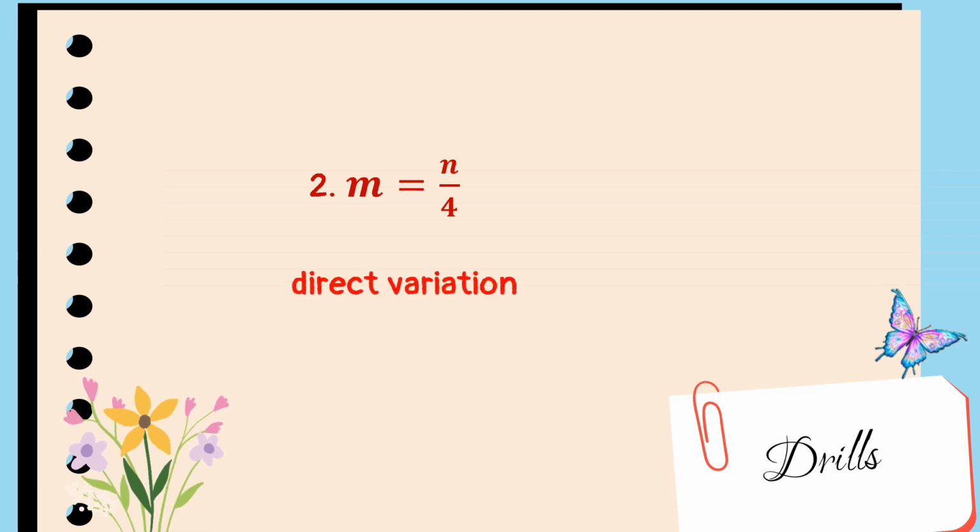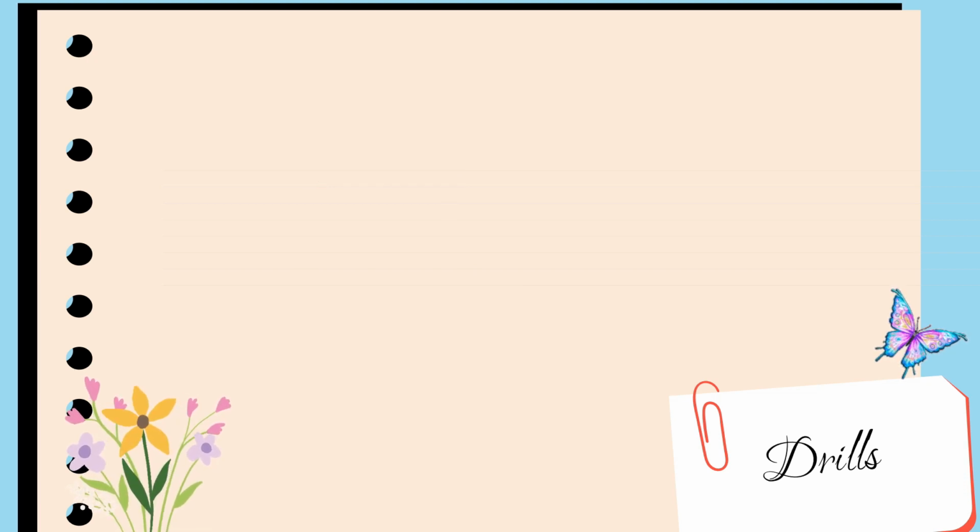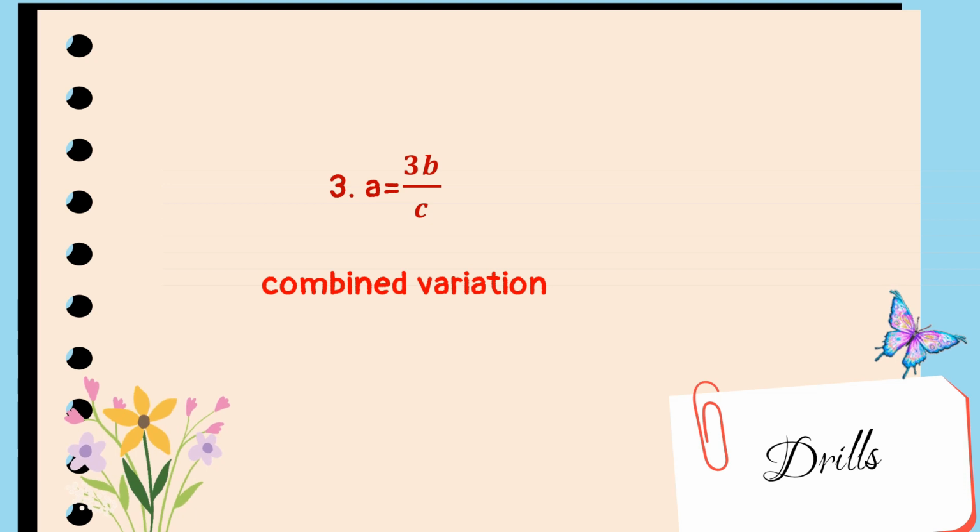Alright, the answer is direct variation. Next, number 3. A equals 3B over C. What kind of variation is this? Alright, it's a combined variation.